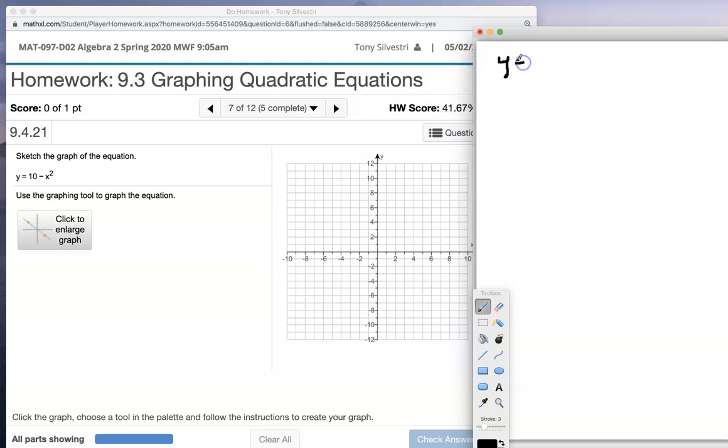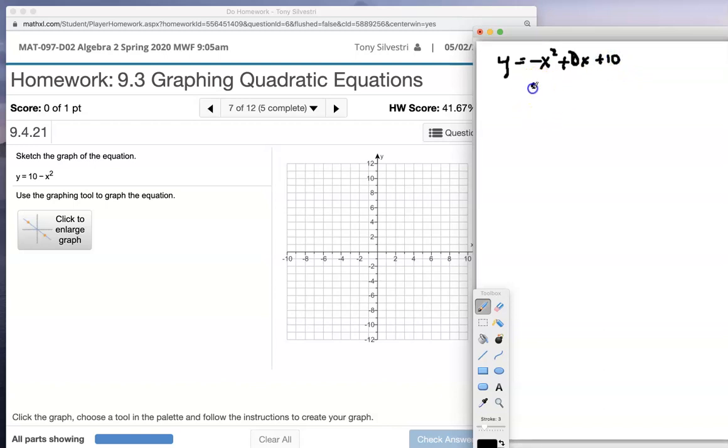y equals negative x squared. And in fact, you know what? I don't see an x. I'm going to put plus 0x plus 10.